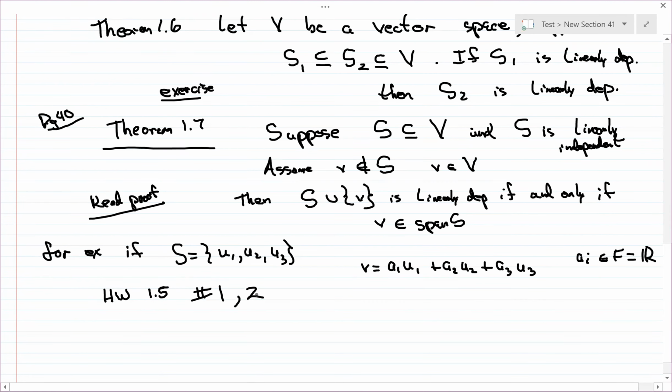Do number 2, A, B, C, E and F, throw in I. Number 3.